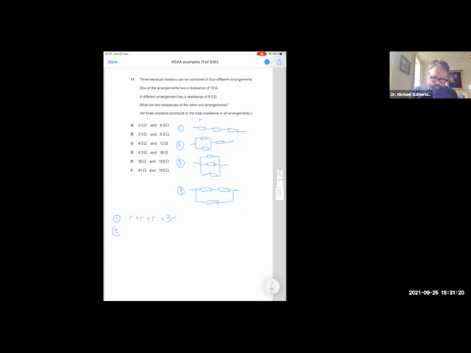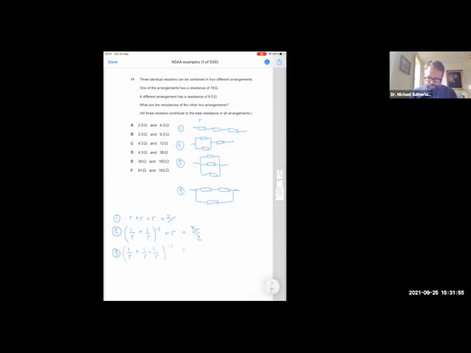Configuration 2, well, we've got 2 of those resistors in parallel, and we can remember to add resistors in parallel, you need to do this, and then 1 in series. And so if you work that through, it's going to give you 3R over 2. And then the third configuration, well, that's all of these guys in parallel. So we do this one.